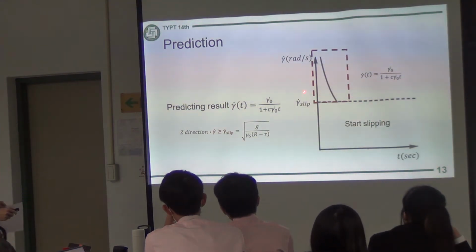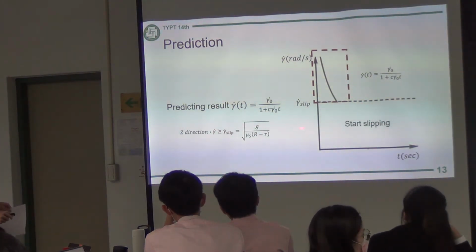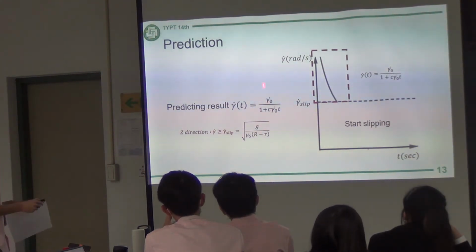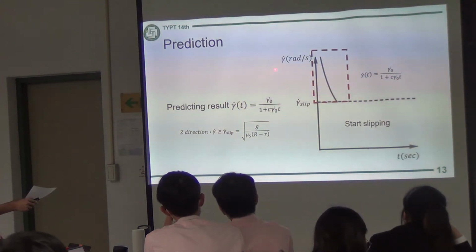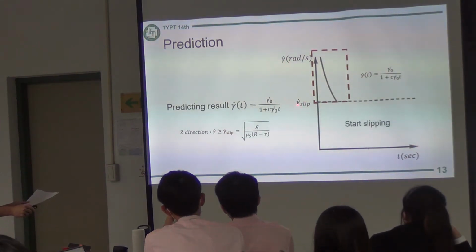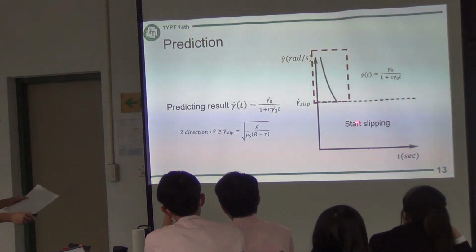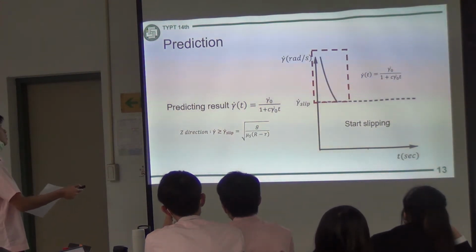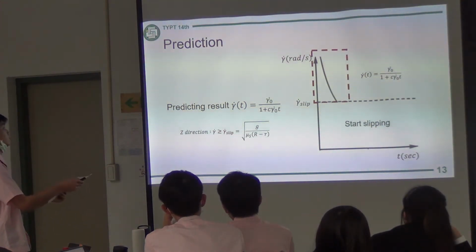Okay, the function of this part is like this, which we predict. And when the angular velocity is smaller than gamma dot slip, it will start slipping. So we couldn't predict the function which it will look like.